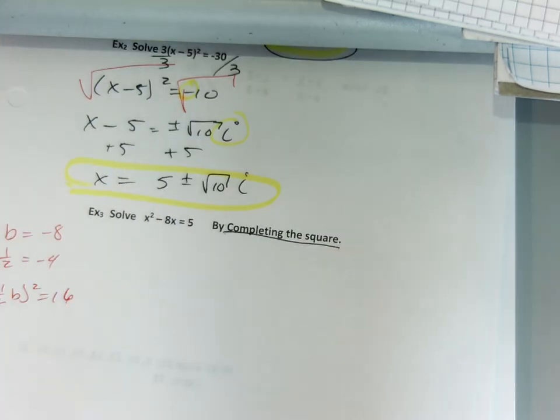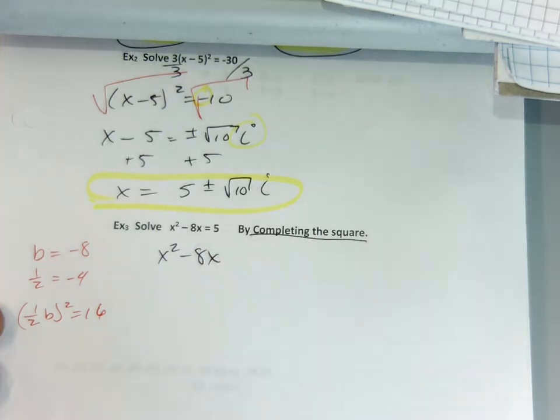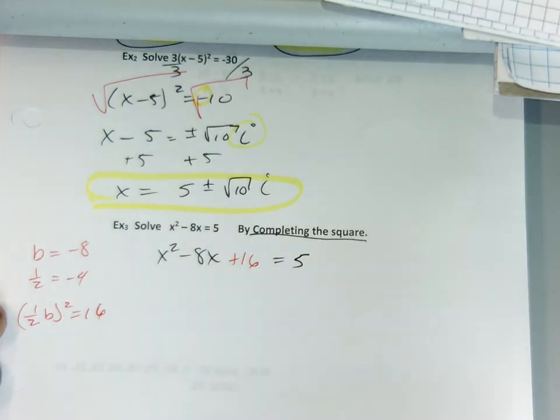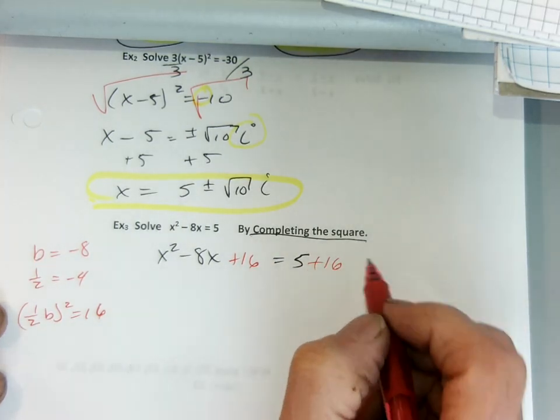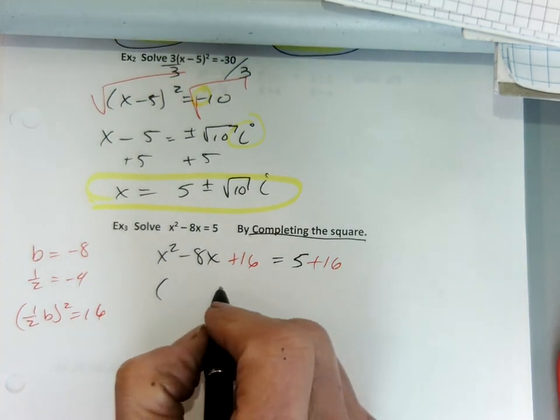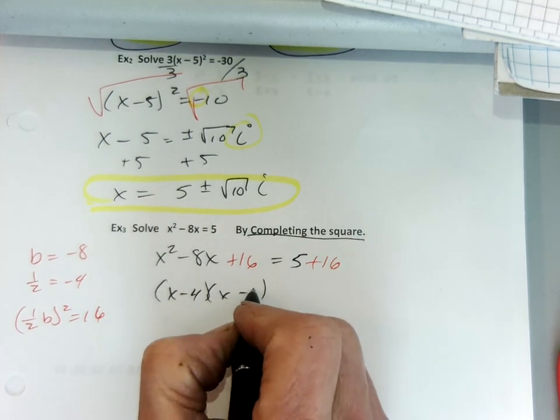Yep, so then I'm going to go x squared minus 8x plus 16 equals 5 plus 16. And of course you have to add it to both sides, keep the equation balanced, right? If you do it to one side, you better do the other side to keep it equal. What's the next step? Factor. Yep, and it does, doesn't it? It factors into an x minus 4, right?